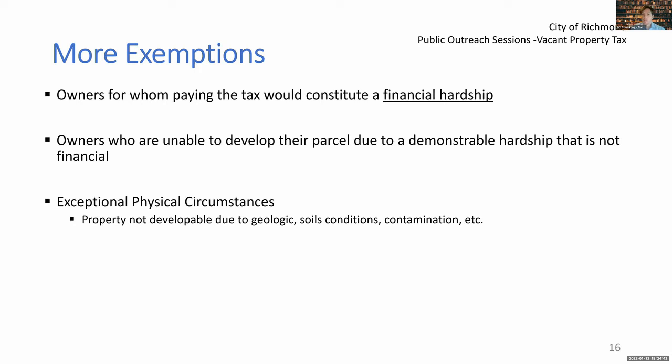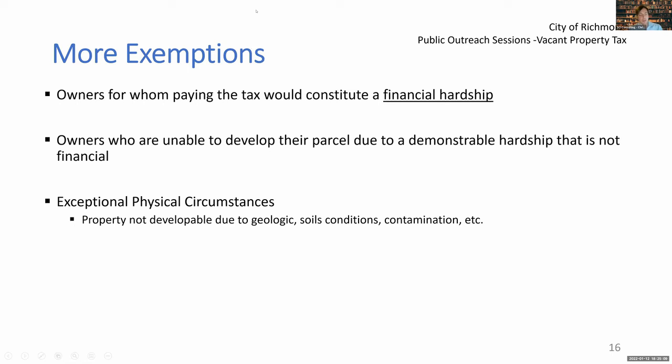Owners who may not be able to develop their parcel due to a demonstrable hardship that is not financial. So these are very open-ended ideas at the moment, and would need to be hammered out into the tax ordinance. But if there is any feedback, we would certainly be happy to hear any ideas in terms of a financial hardship or a demonstrable hardship.